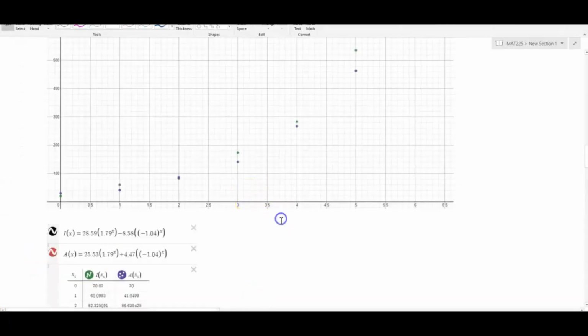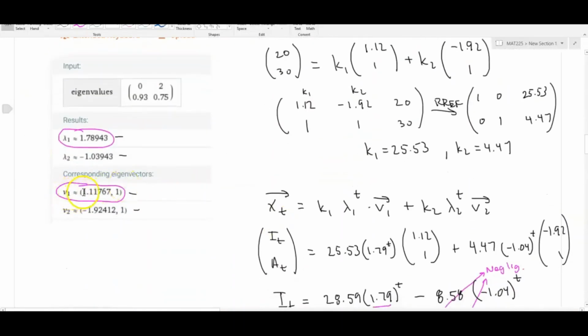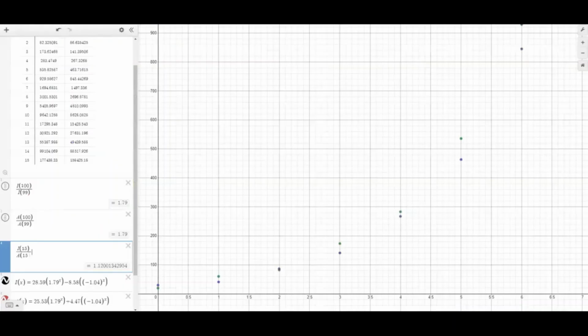So here was our eigenvector. Its components were 1.12 and 1. And so if I come back here and look at this, you can see this is 1.12. So the ratio of the components of our transformed vector after 15 multiplications by A pretty much is already pointing in the direction of the dominant eigenvector.